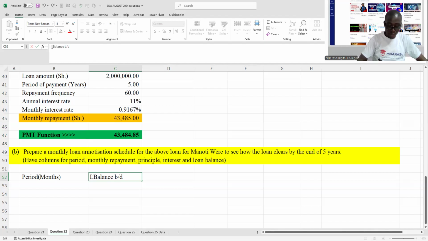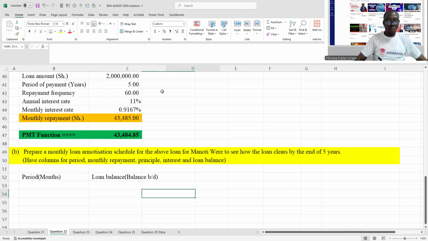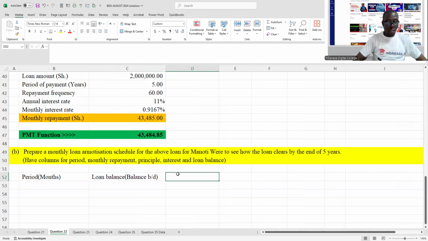What will we have as our loan balance? Loan balance, that is balance brought down, every time you're opening a period. Consider the other components here. We consider our monthly repayment, which is the installment that you're paying. Consider our interest.